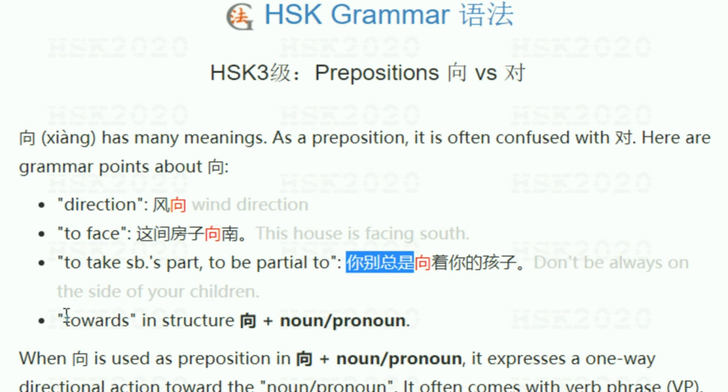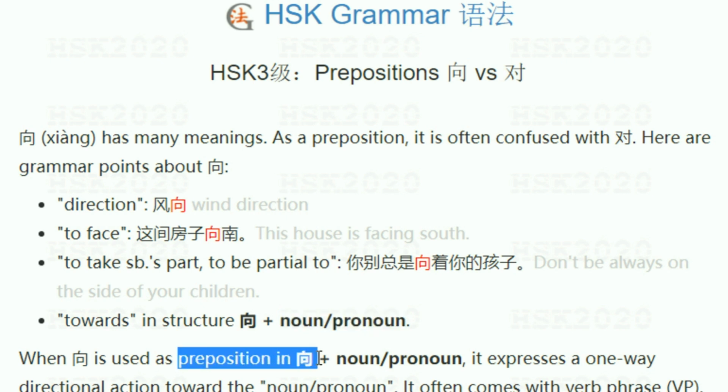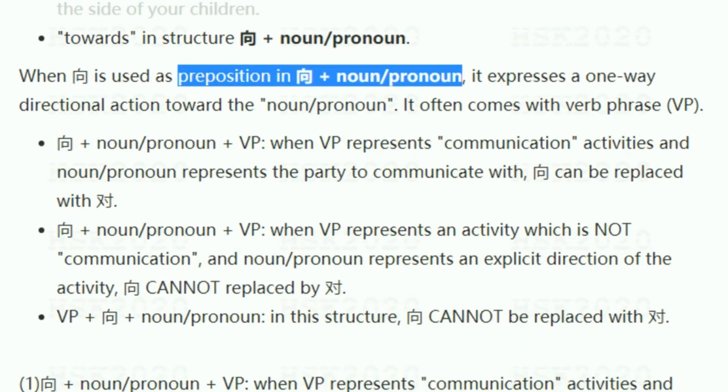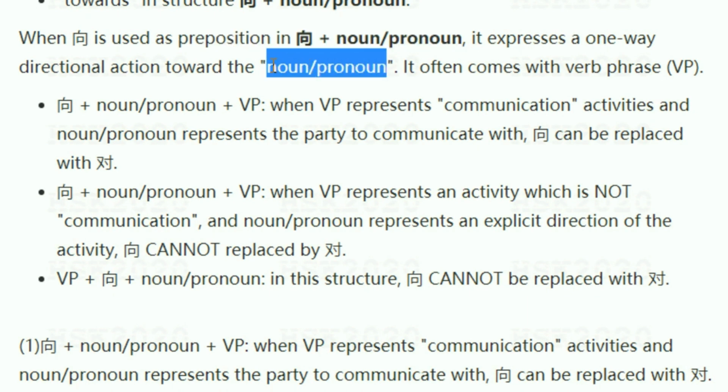As a preposition, it means towards, and it is often used in the structure 向 plus a noun or pronoun. So we are going to talk about the next one, preposition 向 plus noun or pronoun. It expresses one directional action toward the noun or pronoun, and it often comes with a verb phrase.